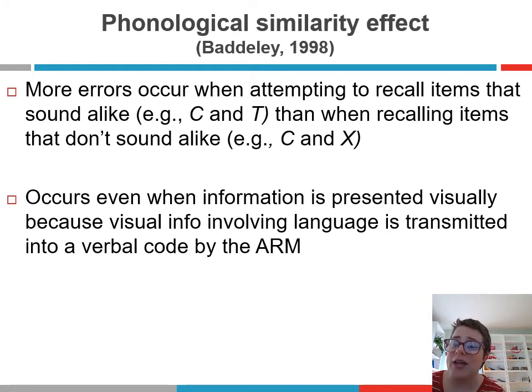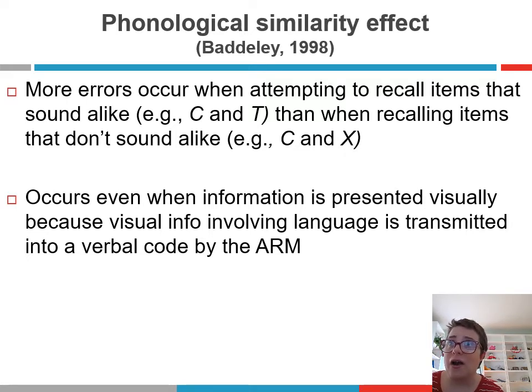So the phonological similarity effect, in a nutshell, is just the idea that there is confusion of letters or words that sound similar. So you might remember Conrad's experiment in which he showed that in a memory test, people often confuse similar sounding letters such as F and S, okay?